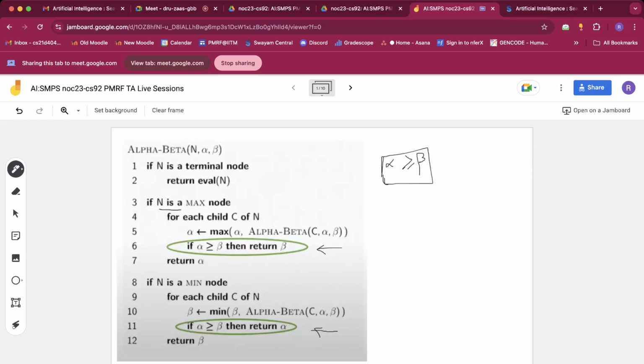If this is a max node, then we will apply a beta cutoff, and if it's a min node, we will have an alpha cutoff. This means that the beta cutoff is occurring at line 6 and an alpha cutoff is occurring at line 11.